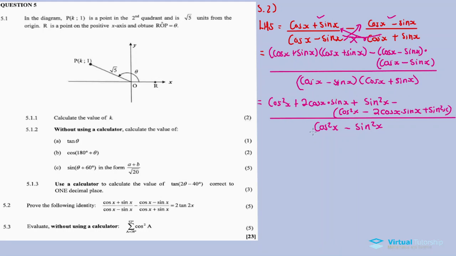This whole trinomial divided by this times this. It's a difference of 2 squares, so cos x times cos x is cos squared x, minus sine x times sine x, it's minus sine squared x. Boom. Then you simplify.